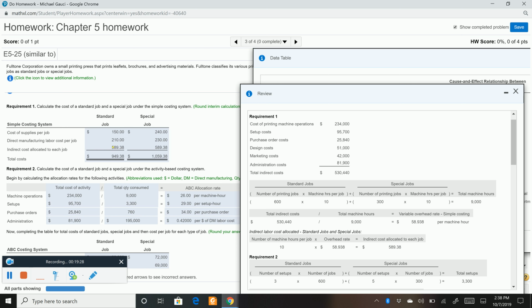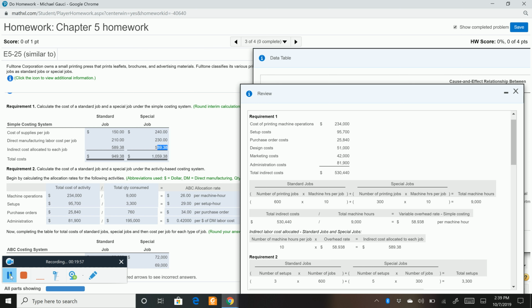Like I said earlier, that is the amount we will allocate to each individual job. That is a very simplistic method, but as you can see, the indirect costs are the largest out of all 3 of the costs that go into making the job: the direct materials, the direct labor, and the indirect costs.